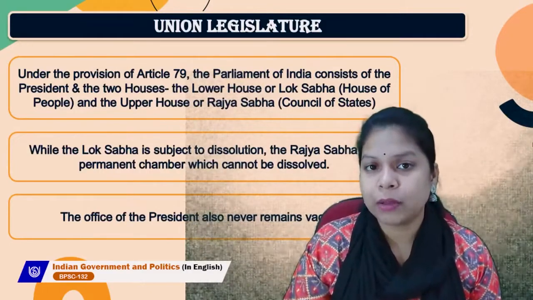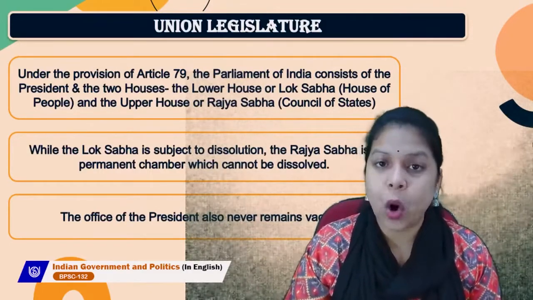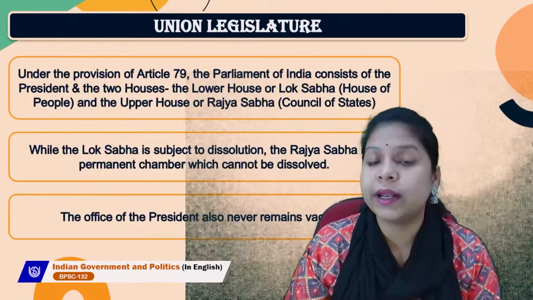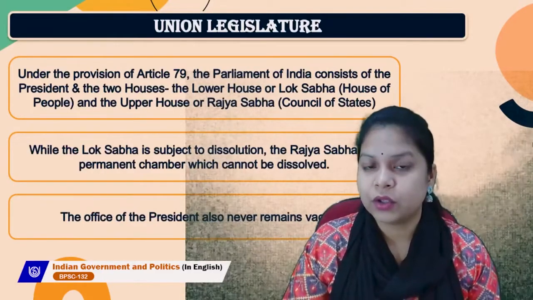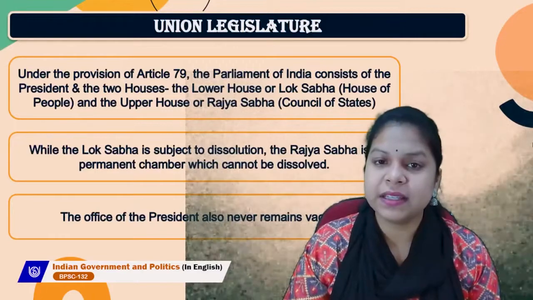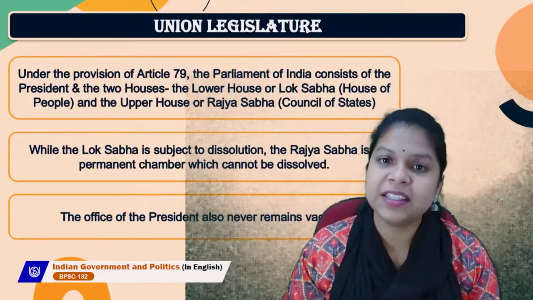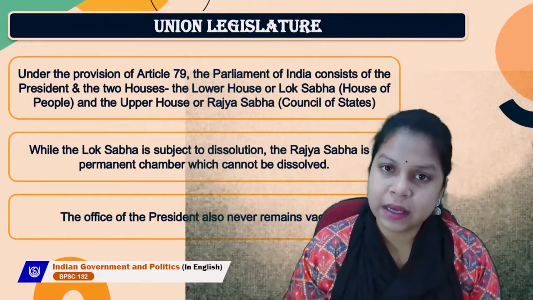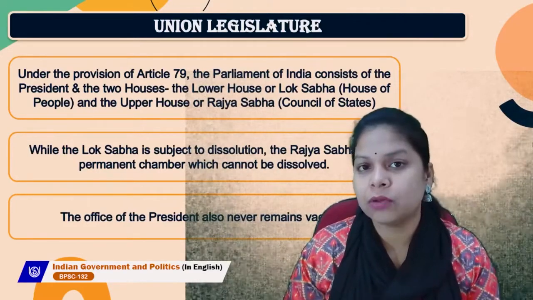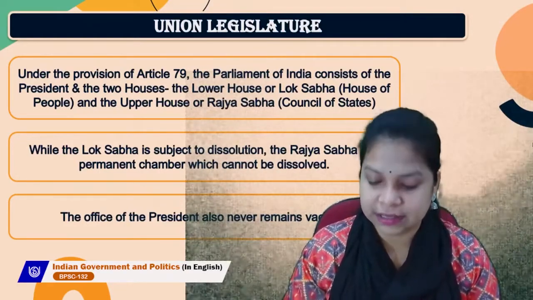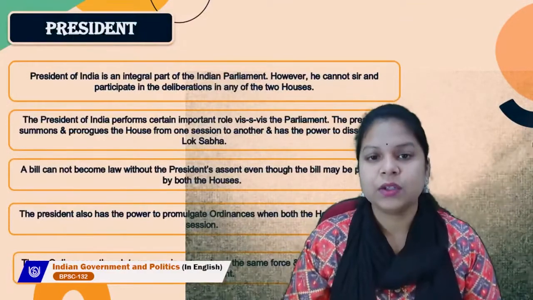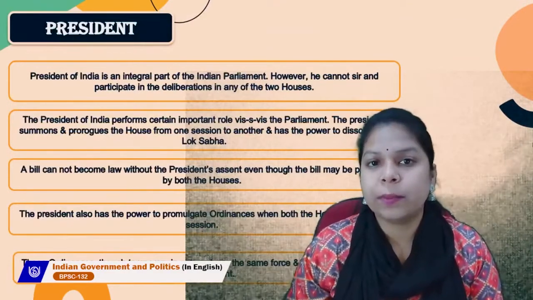Also, the office of the president never remains vacant. These three structures, the president, the upper house and the lower house, comprise the union legislature. So, let's start talking about the president.